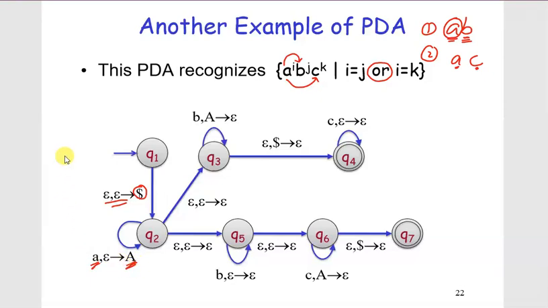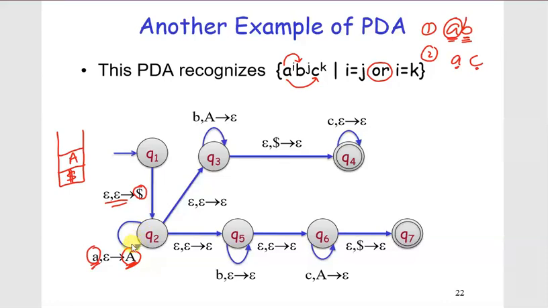So in the first case, we push the dollar sign, and once we read alphabet A, we push capital A into the stack. So this is a loop at Q2.